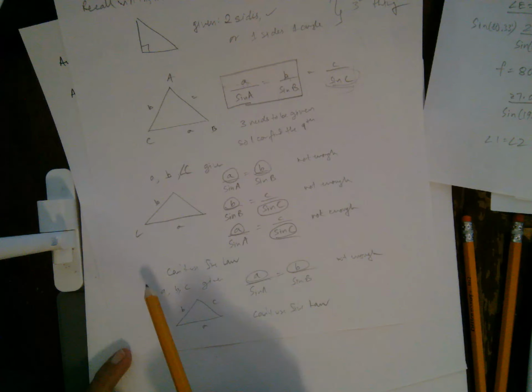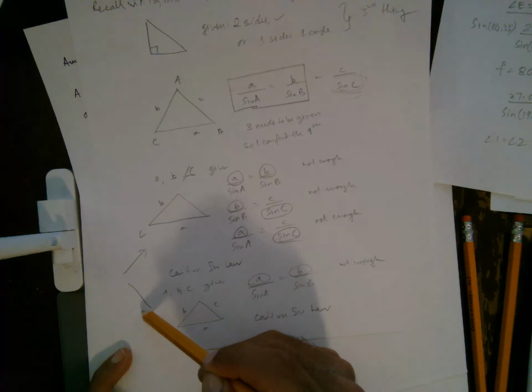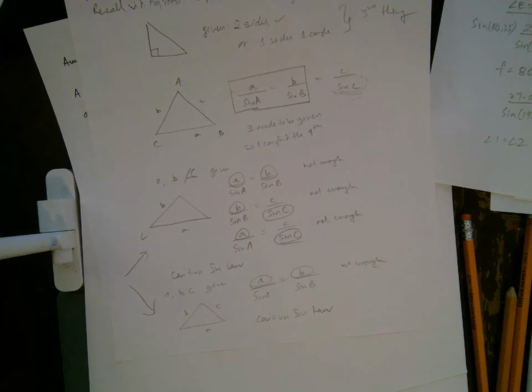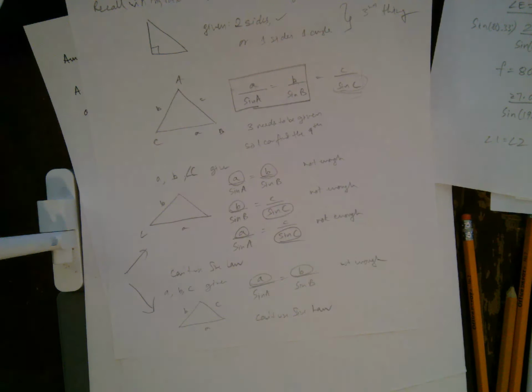Okay, so keep this in mind. There are 2 scenarios here where sine law cannot be used. In day 4, we learn another law called the cosine law, which will complete our set of tools, because cosine law can be applied for these 2 scenarios.